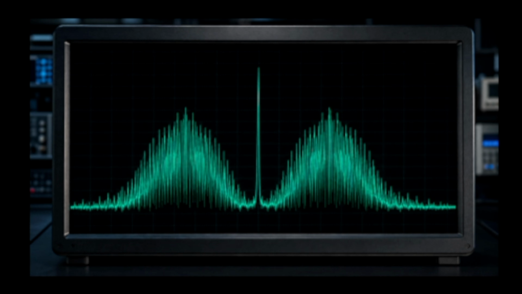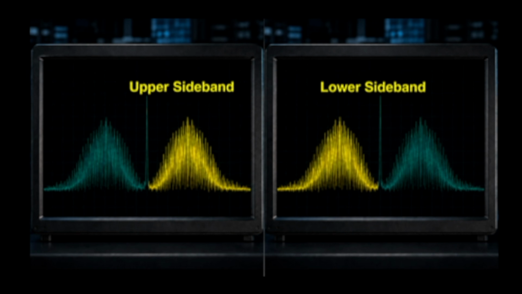Now comes the surprising part. If you carefully examine these two sidebands, you'll discover something remarkable. They both contain exactly the same voice information. They are mirror images of one another.